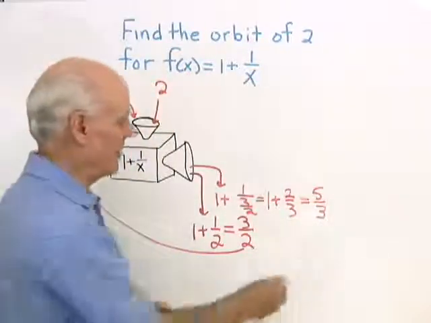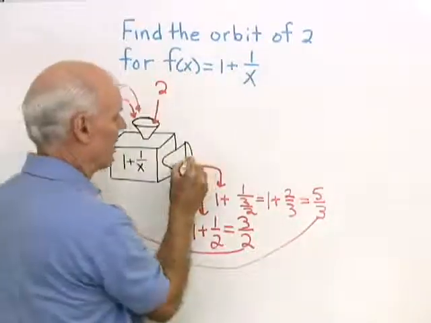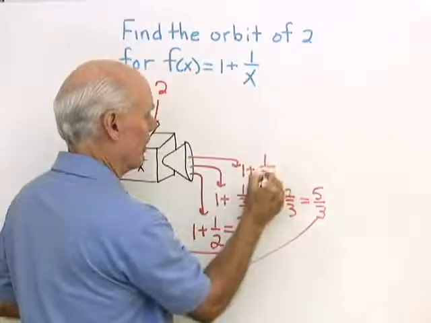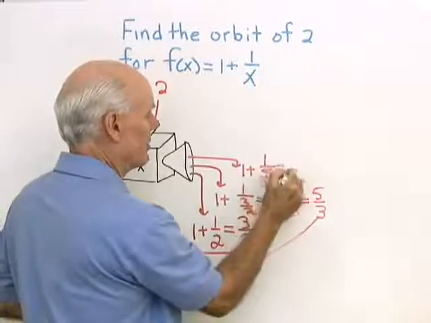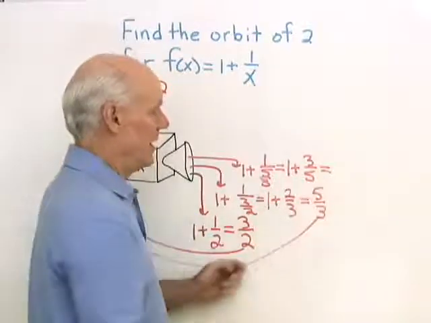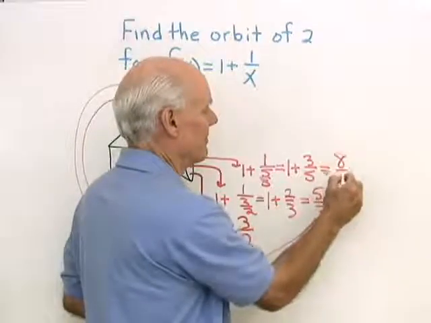That's my next output. Let's put that back in. And then what comes out from there is going to be 1 plus 1 over 5/3, which is going to be 1 plus 3/5. And then 5/5 plus 3/5 is going to be 8/5.